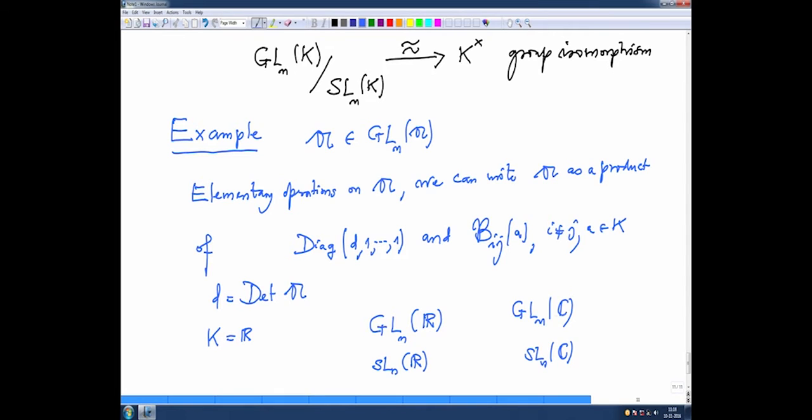And if you want to prove, for example, GLN C is connected, you use this statement, which will be very neat, because you connect only elementary matrices, and once you connect the generators, then all elements will be path connected and so on. So, this is very important when you study what are called classical groups.